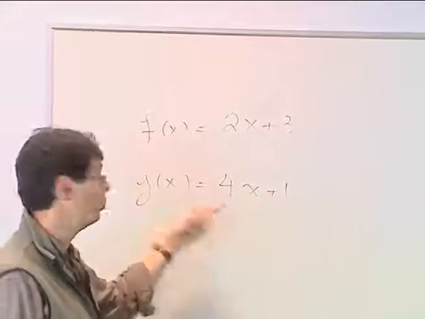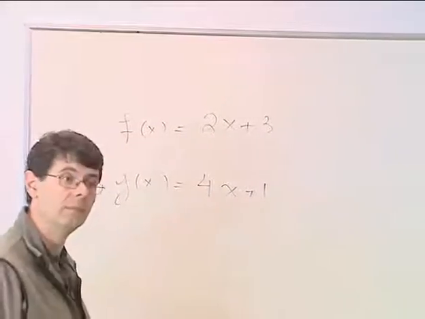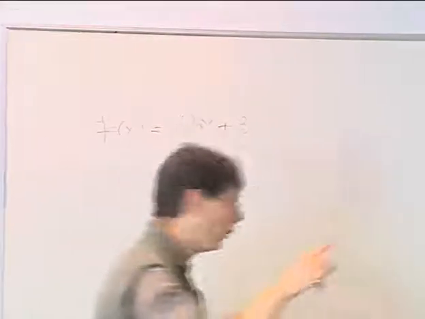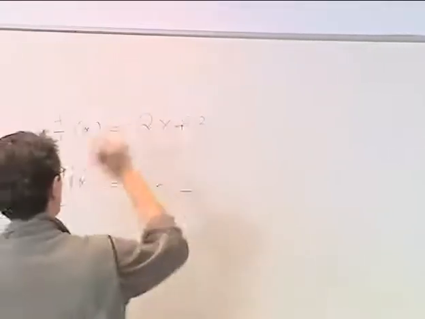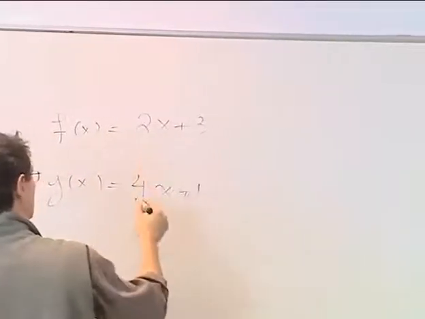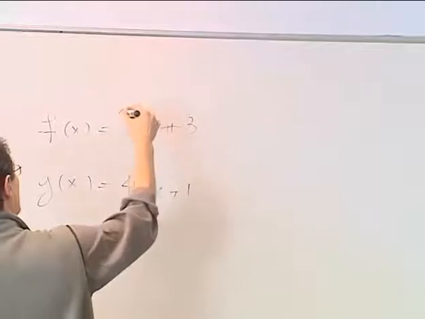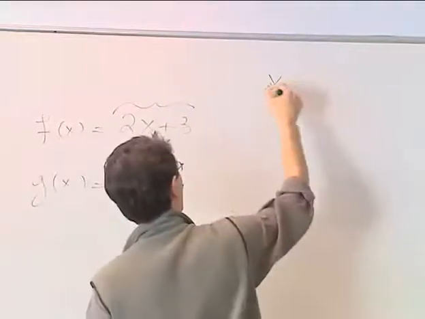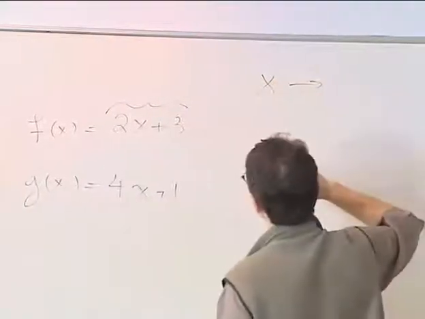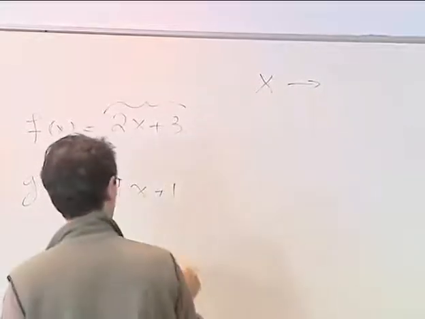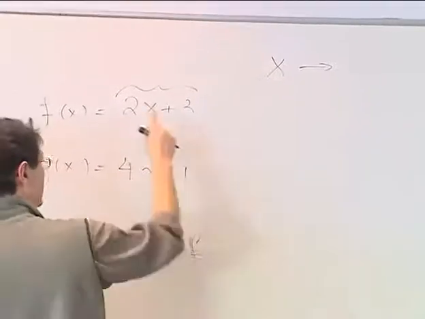What happens if you do f composed with g? Okay? Now, the formula, this is going to be my first input. So start with x. Yeah, I want to do g composed with f. Excuse me. So this is going to be my first input.